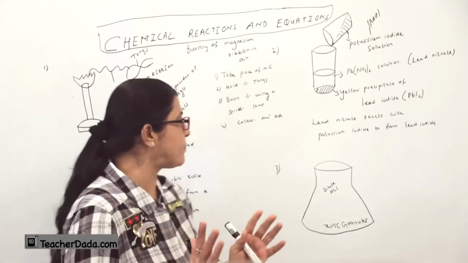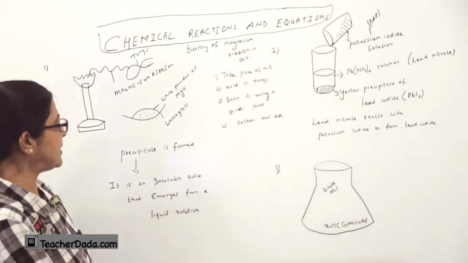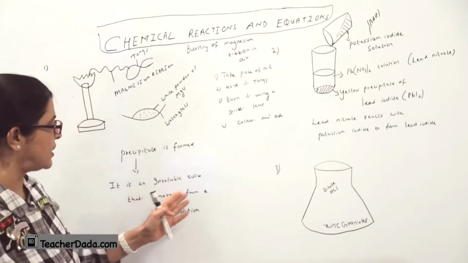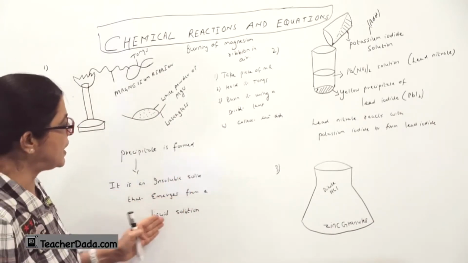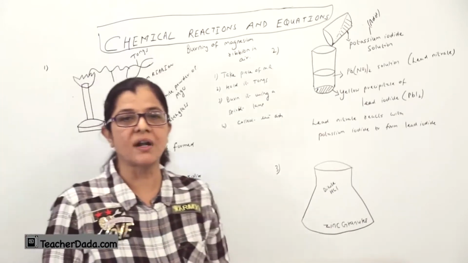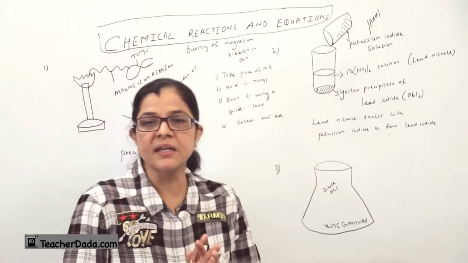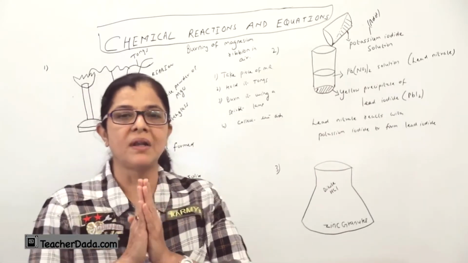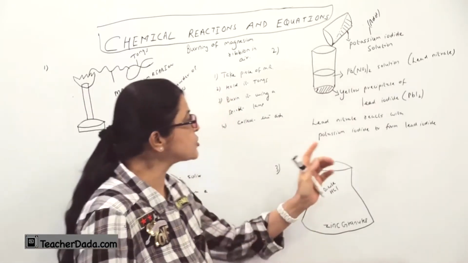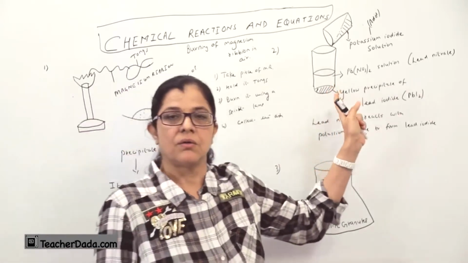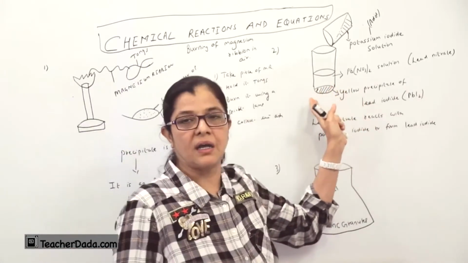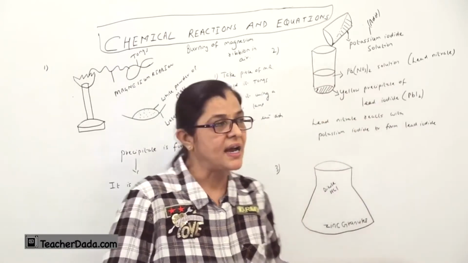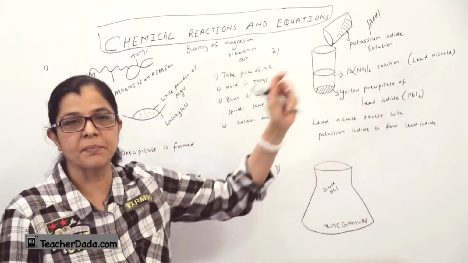Now what is the meaning of precipitate? A precipitate is an insoluble solid that emerges from a liquid solution. Now this lead nitrate reacts with potassium iodide to form lead iodide, which is insoluble in water and yellow in color. It is called a precipitate. So a chemical reaction takes place as a result of formation of precipitate.